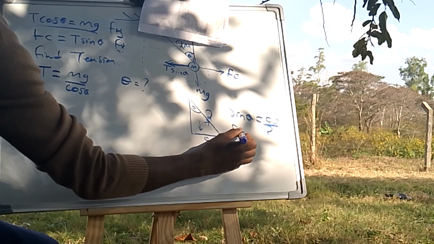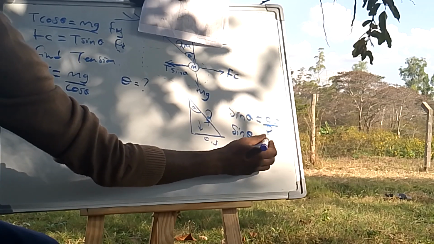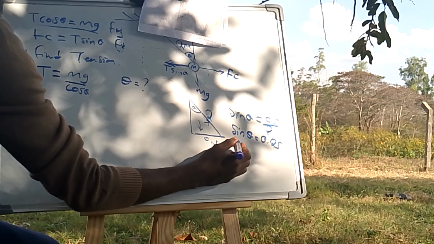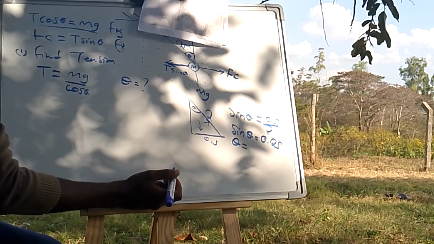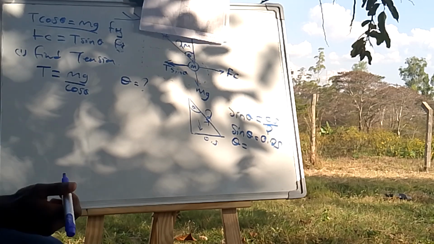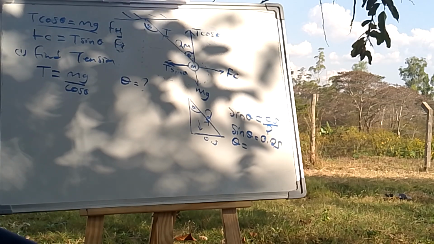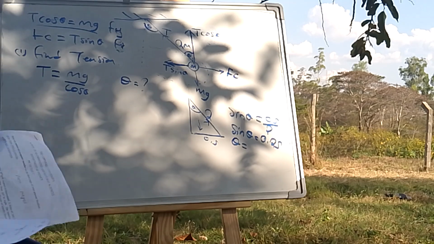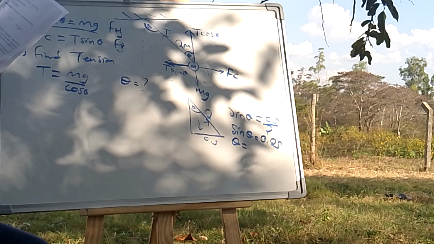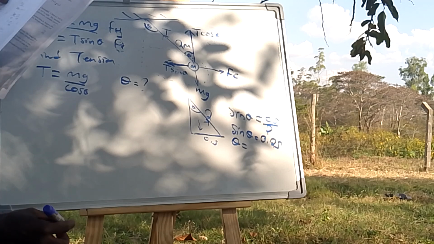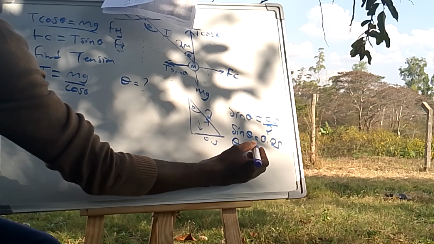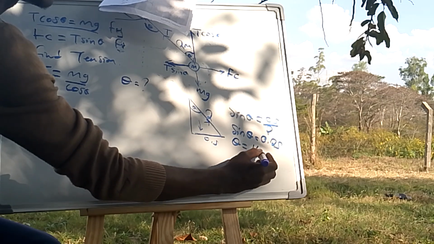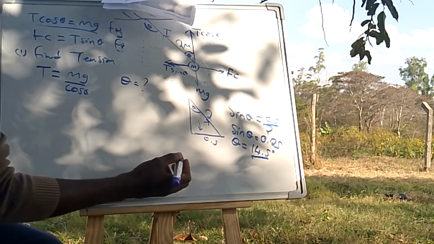That will give you sine theta equals 0.25. So find the sine inverse of 0.25. If you do sine inverse of 0.25, the answer is 14.5 degrees. So this is the angle.